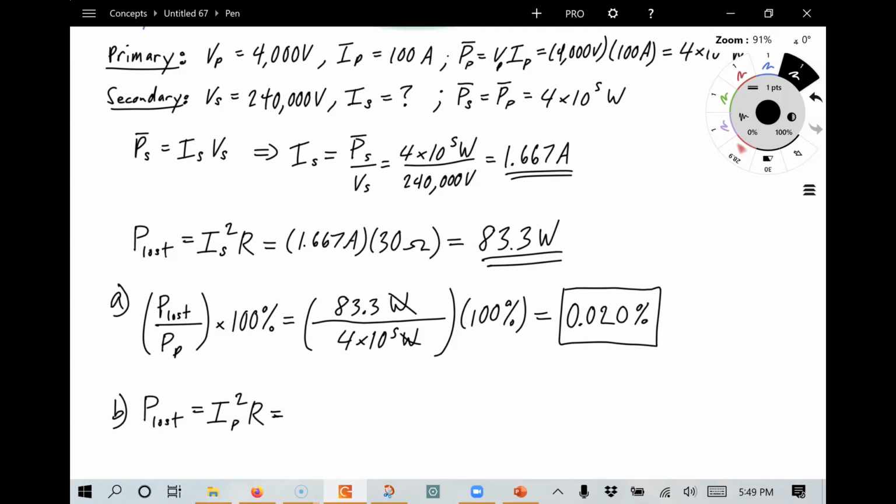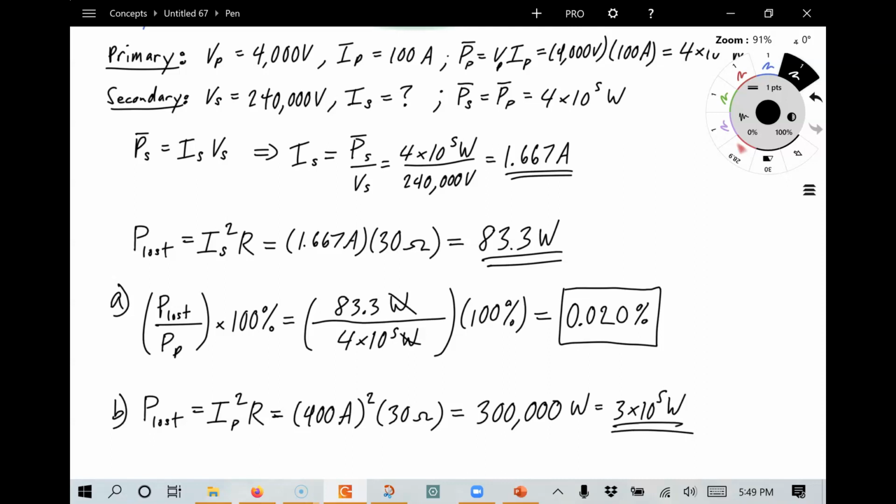So if we go ahead and just put in our numbers, 400 amps, square that, times the resistance in the wires, that comes to a value of 300,000 watts, or 3 times 10 to the 5th watts. That's a huge amount of power lost.